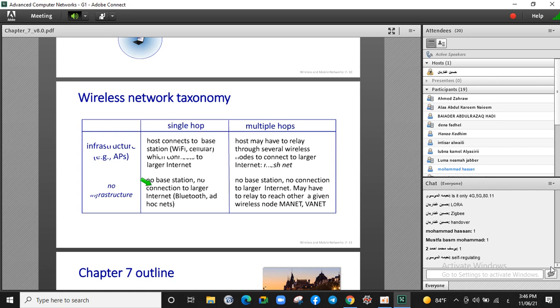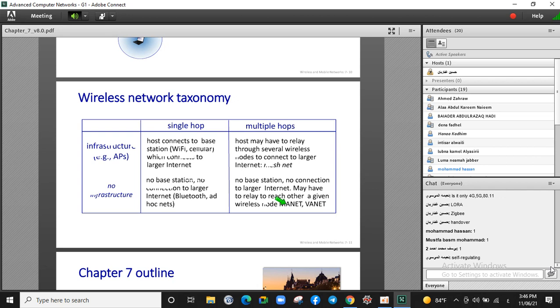But when we talk about a multi-hop wireless network without infrastructure, we can talk about different types of ad hoc networks, especially MANET and VANET. What is MANET and what is VANET?